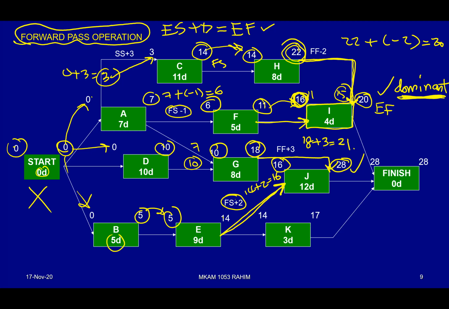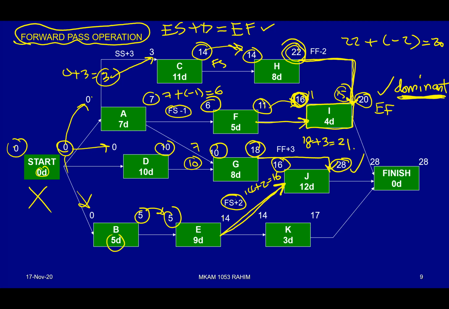Now after completing I, J, and K, what is the overall project duration? By now, we already know. The biggest value among all, because I, J, and K is the end of the relationship of the project.